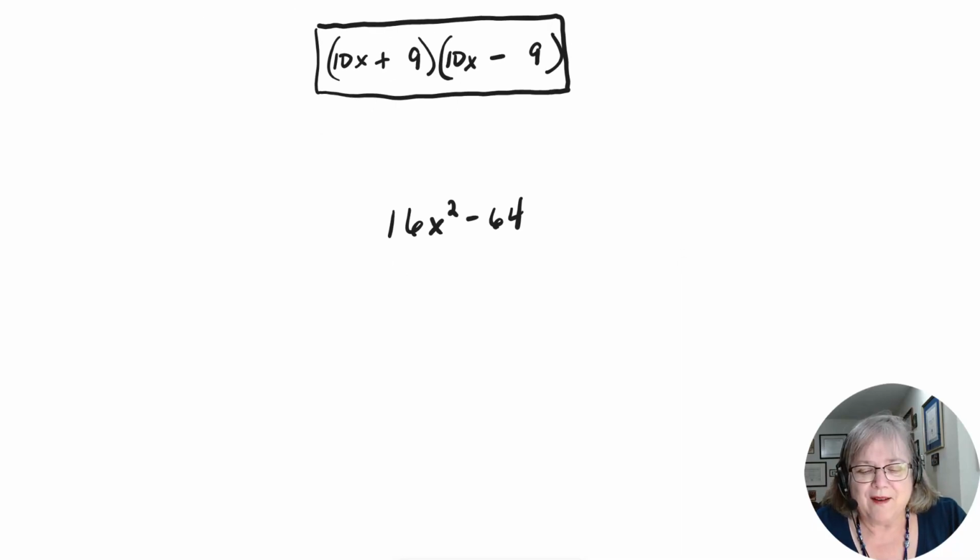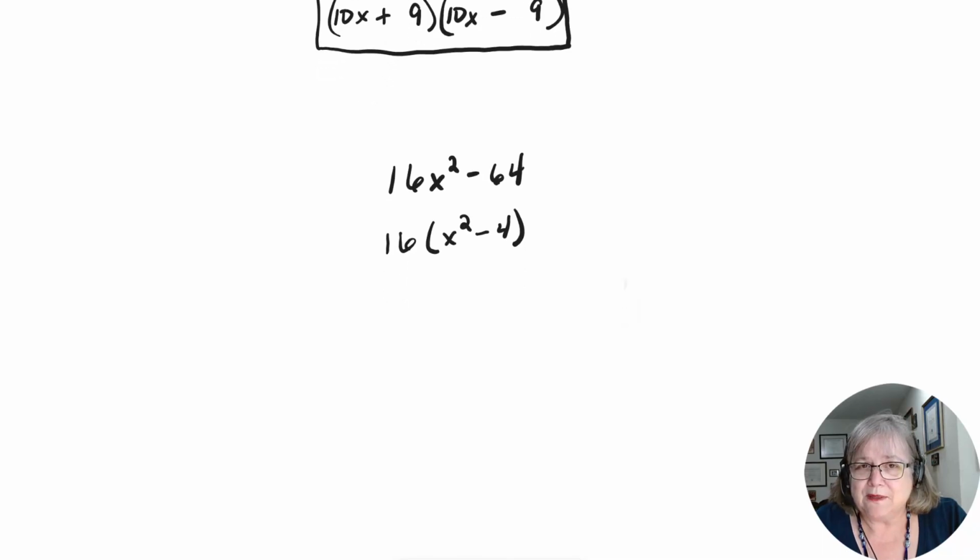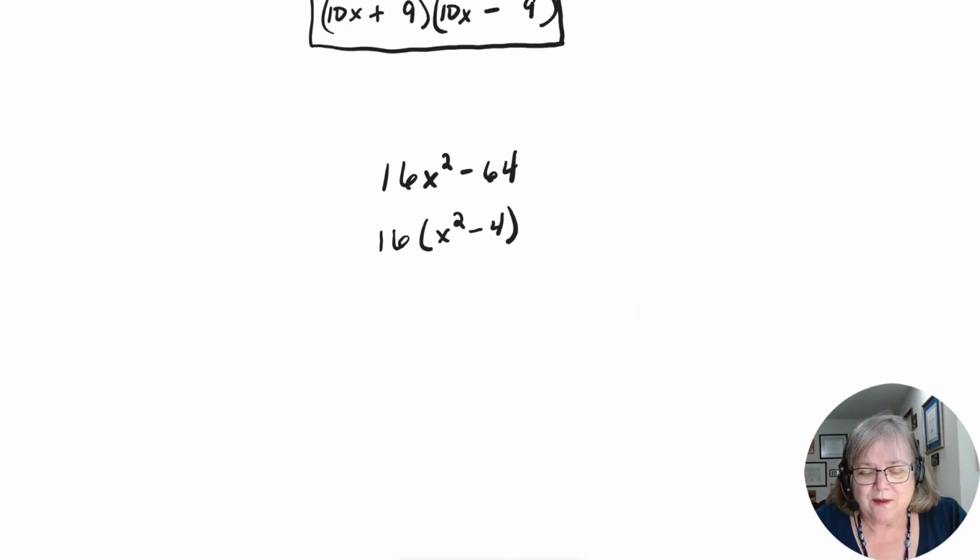All right, now, when you did that, you would look at this and go, oh, is there anything in common I can factor out? Oh my goodness, there is. There's a 16. So that would be x squared minus 4, because 4 times 16 is 64. So we'd have 16 times x squared minus 4, and there's nothing else in common.